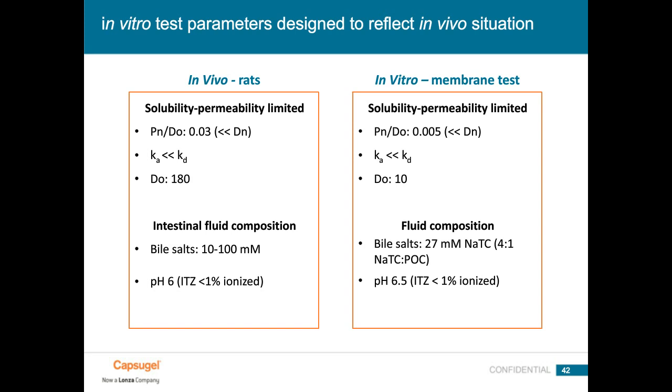So this represents about 2% CIF in aqueous media, and a pH well above the pKa of itraconazole, which is in conjunction with the rat intestine. And so in both cases, in vivo and in vitro, we expect dissolution rate to be very fast compared to absorption, and we expect that the rate-limiting step will be the aqueous boundary layer diffusion.